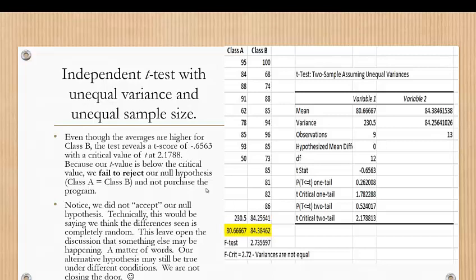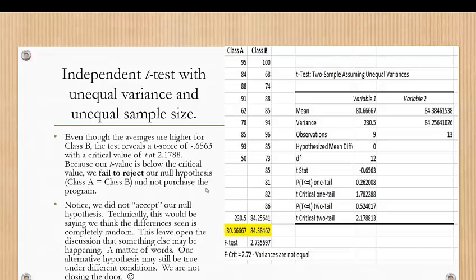If we accept our null hypothesis that A equals B, then we're saying the difference is completely random and it's a closed case. But if we say we fail to reject the null hypothesis, that means that under the conditions in which we measured the two variables, we did not see a significant difference, but there may be other things out there that we did not consider.